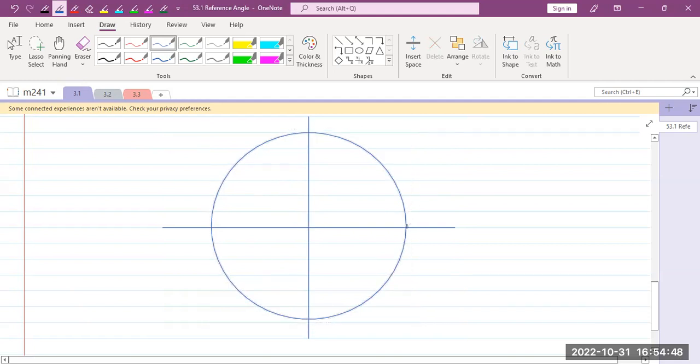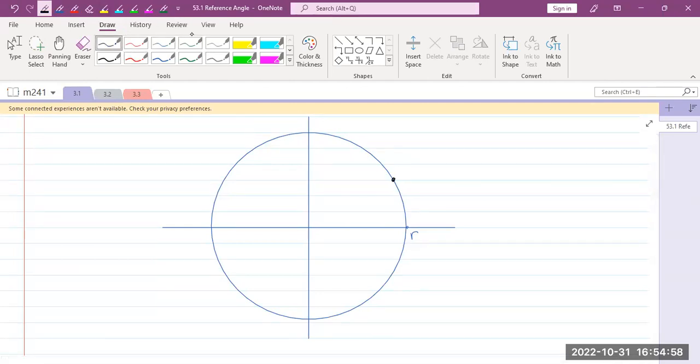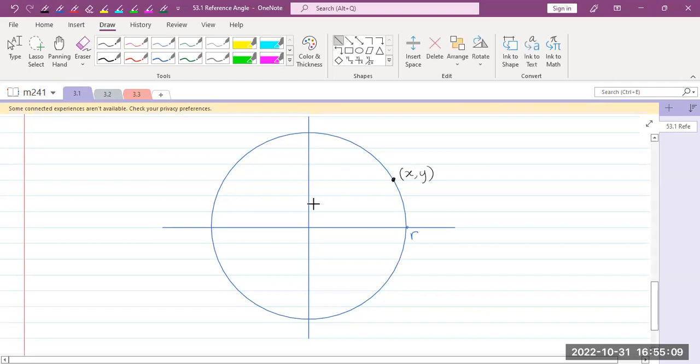Now let's pick a point on this circle, say this point here. Notice that this is the coordinate x comma y. Now take a look at the reference angle. This is angle, let's say this is theta here, which is the same as theta hat, if it is in quadrant 1.